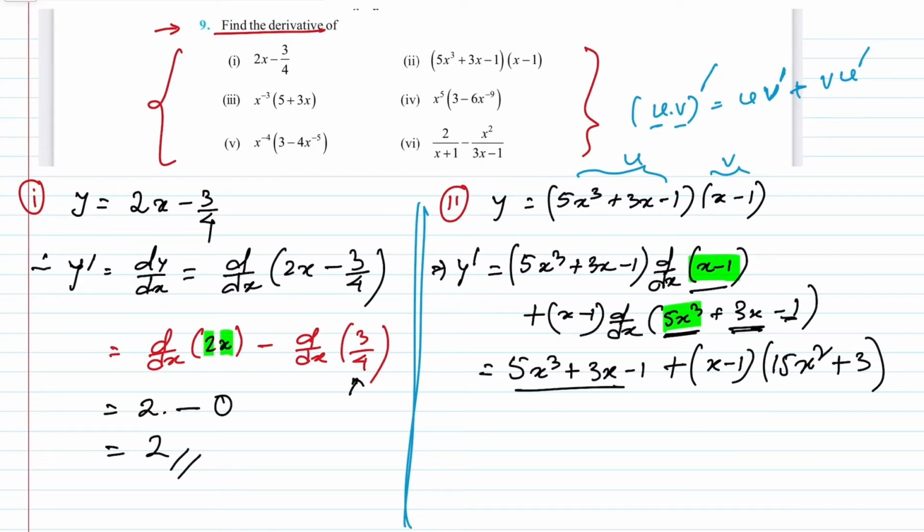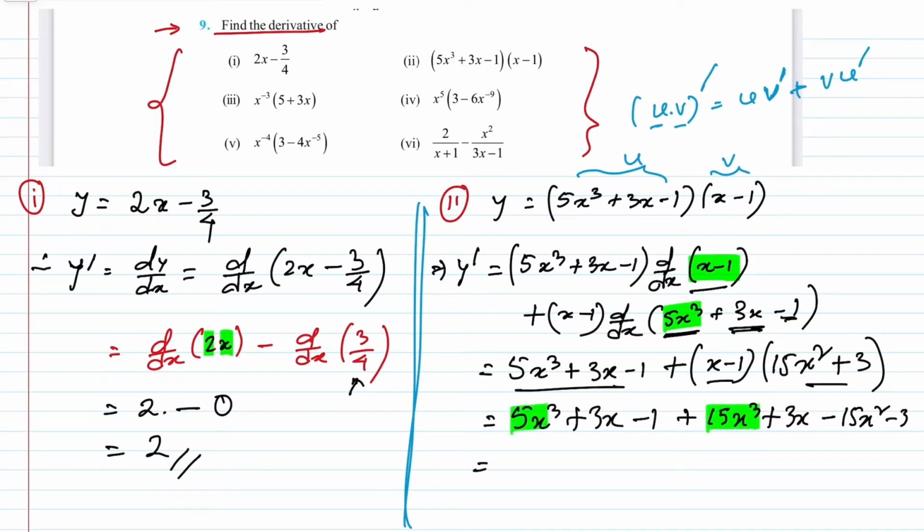So now just simplify. Multiply 5x cube plus 3x minus 1 with x minus 1, and you will get 5x to the power 4 plus 3x square minus x minus 5x cube minus 3x plus 1. Okay, you will get this one. So now here you see, we have 15x cube plus 5x cube, that's going to be 20x cube.